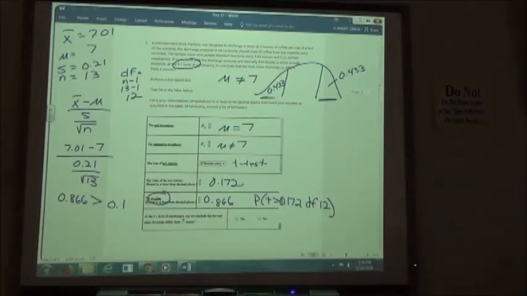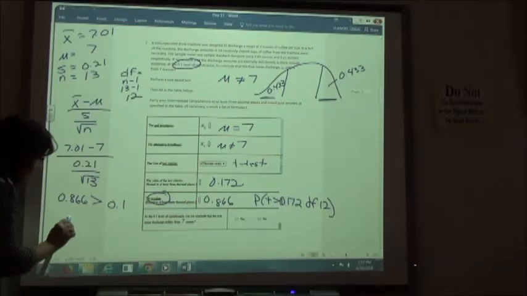I said there in problem number 1, if the p-value is less than my level of significance, we are going to reject the null. If my p-value is greater than the level of significance, we're going to accept the null. It's going to be true for all your hypothesis testing, so write it down somewhere.